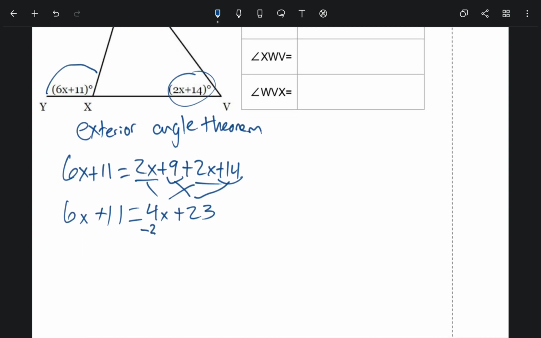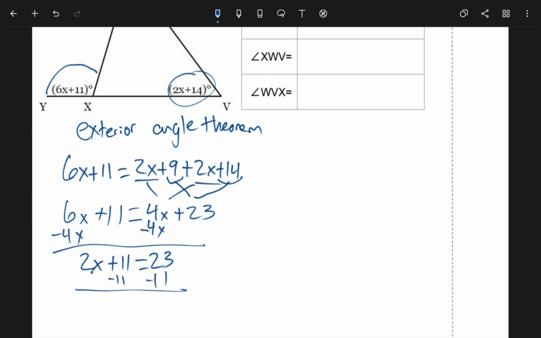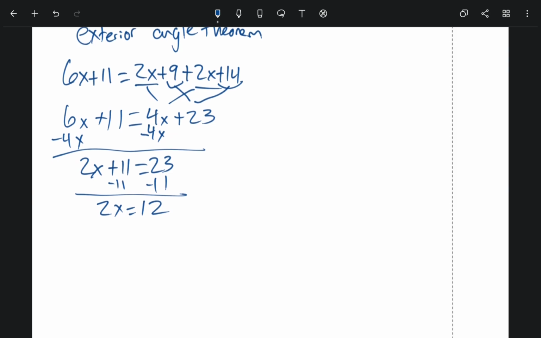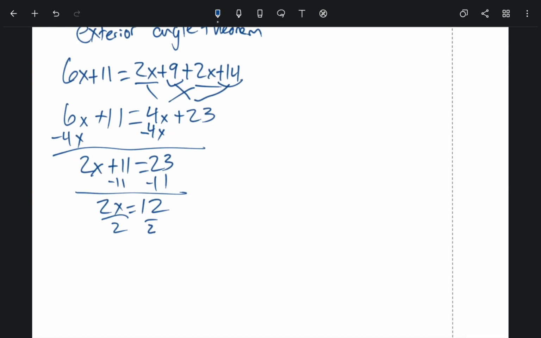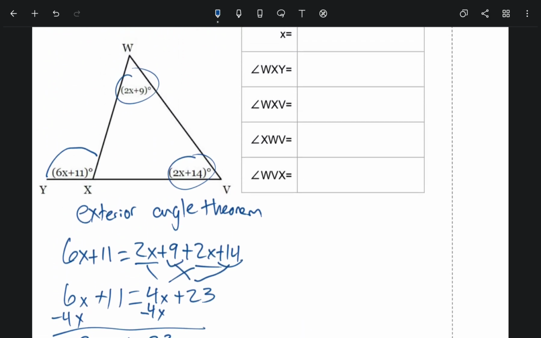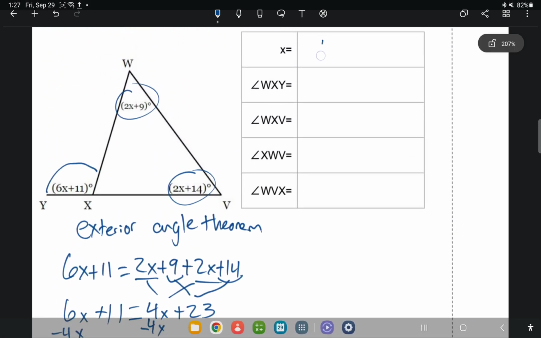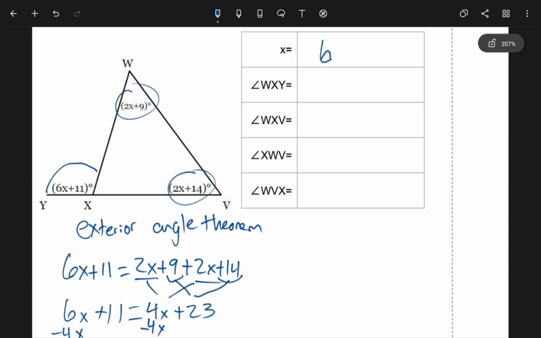Now subtract 4x from both sides to give us 2x plus 11 equals 23. Subtract 11 from both sides, we get 2x equals 12. Divide both sides by 2, we get x equals 6. So now we know x is equal to 6.